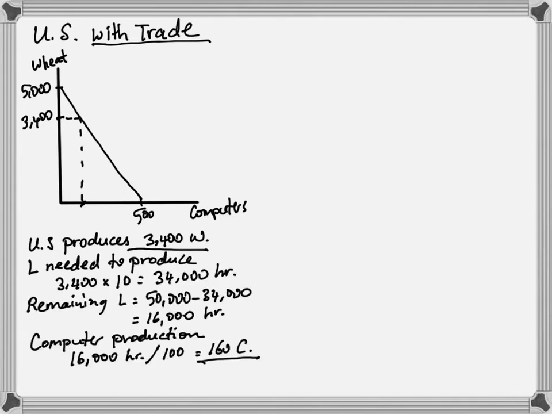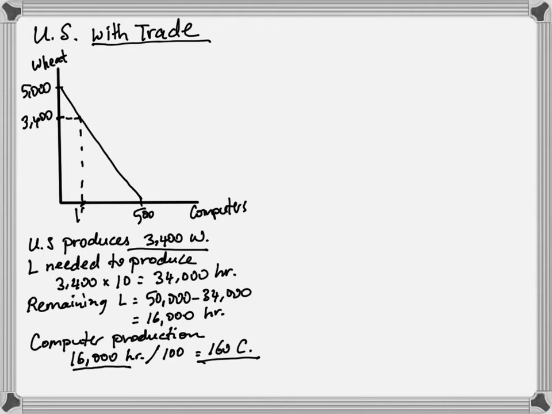The labor hours needed to produce wheat is 34,000 hours because each ton of wheat can be produced using 10 labor hours. So if we use 34,000 labor hours to produce wheat, we have 16,000 hours remaining to produce computers, and using 16,000 hours, in the United States, people can produce 160 computers.